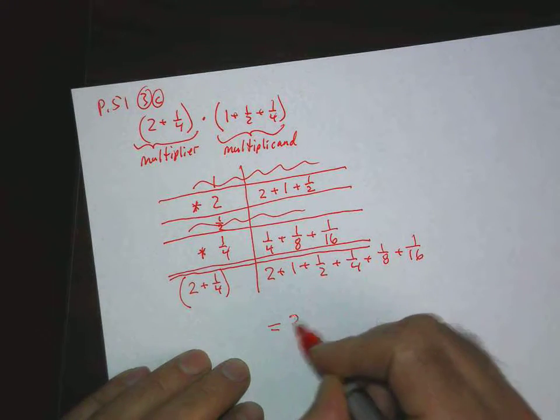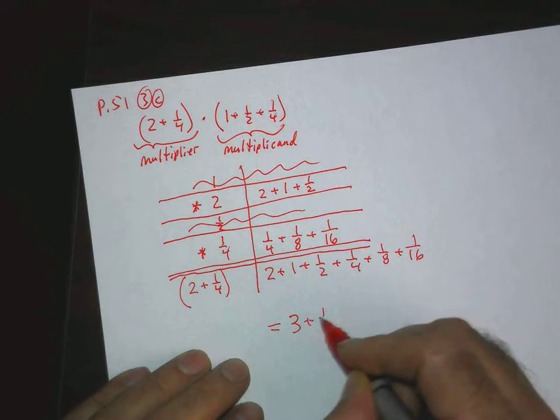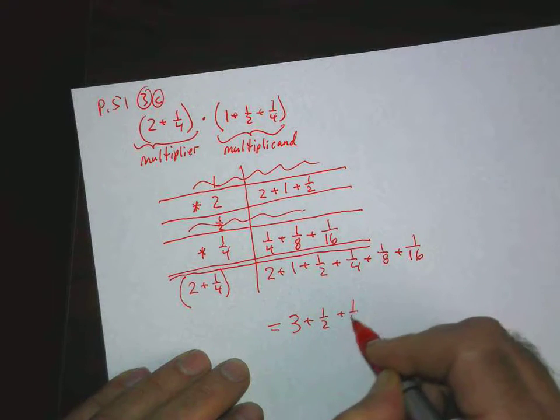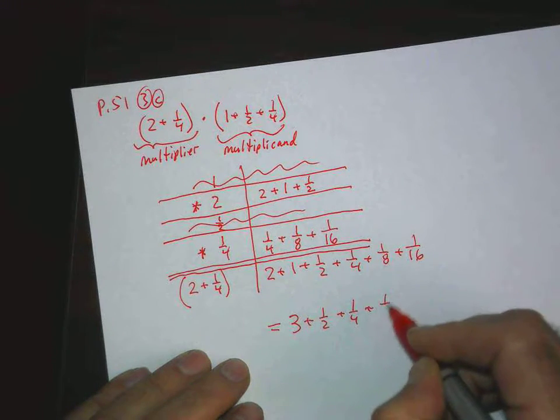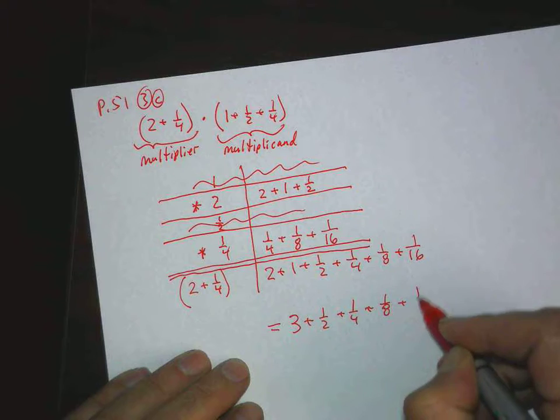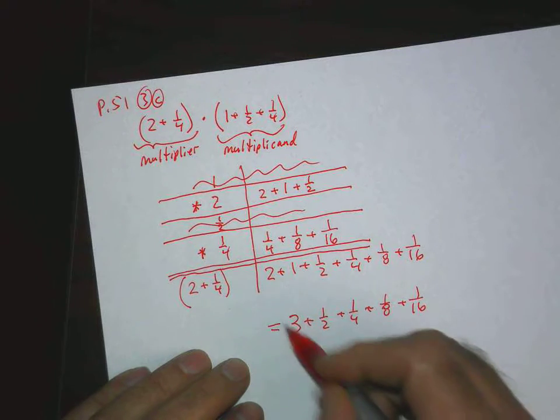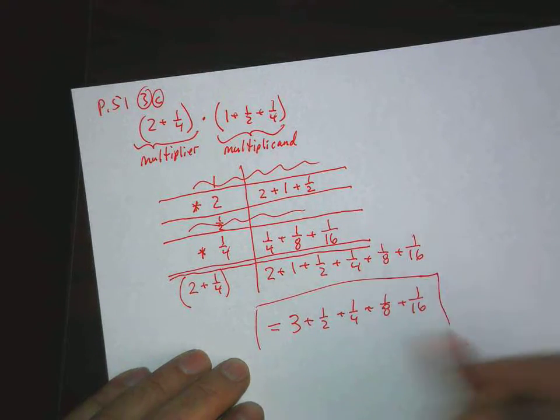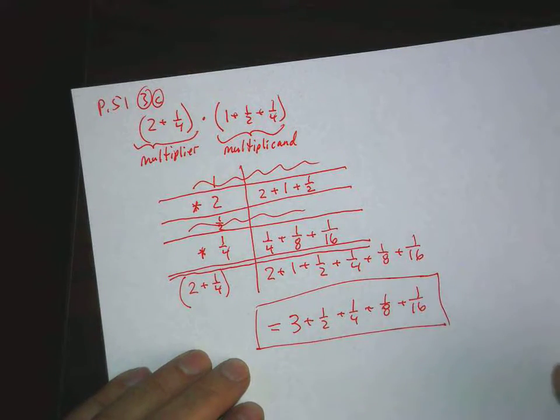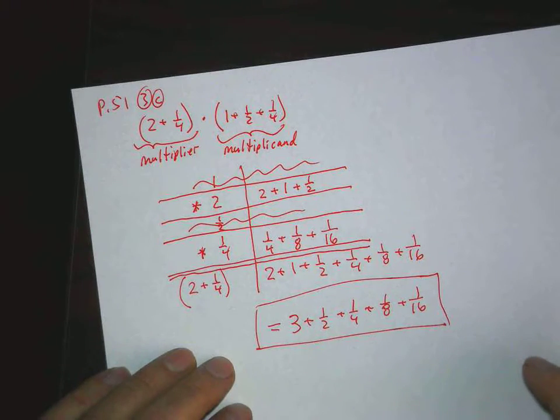And we can just combine the whole numbers together. 3 plus a half plus a quarter plus an 1/8 plus a 1/16, conveniently expressed in terms of unit fractions already. Okay, so there's our answer for 3C.